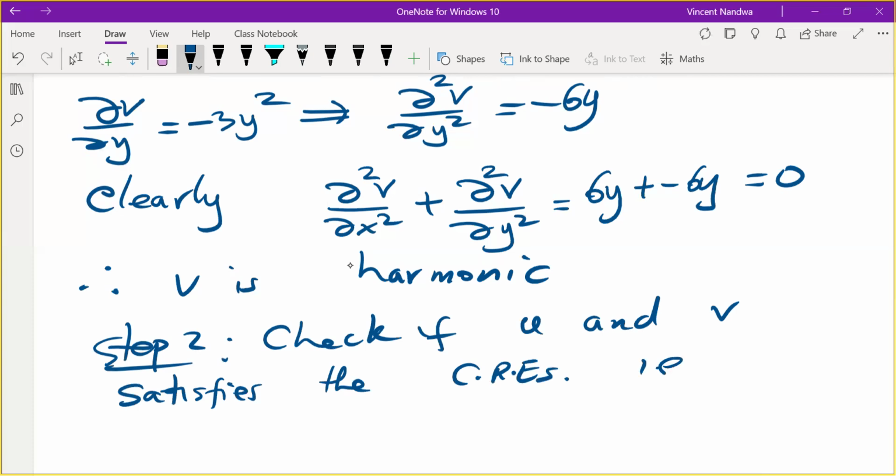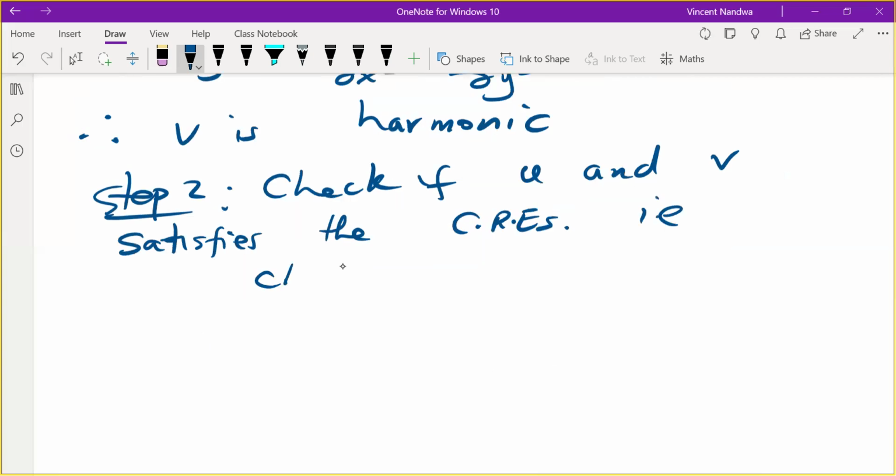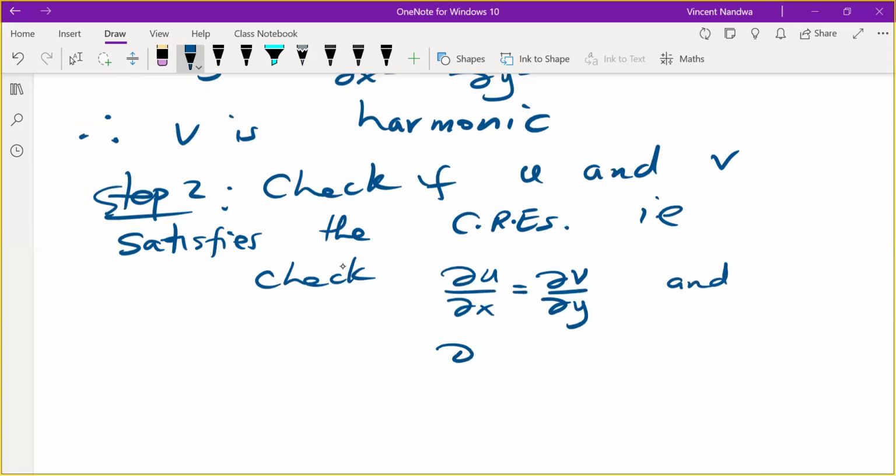So this means that we check that partial u partial x equals partial v partial y, and partial u partial y equals negative partial v partial x. So if those two conditions are satisfied, then we conclude that the two functions are conjugate harmonic.